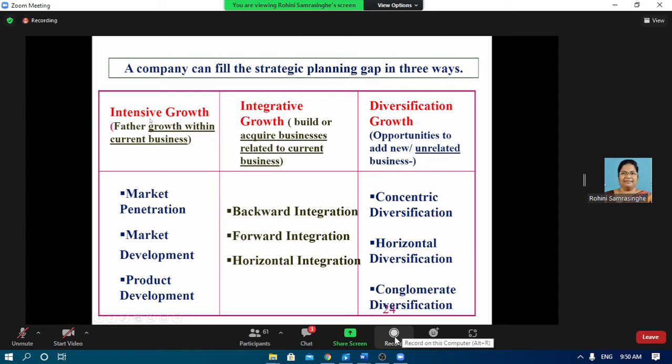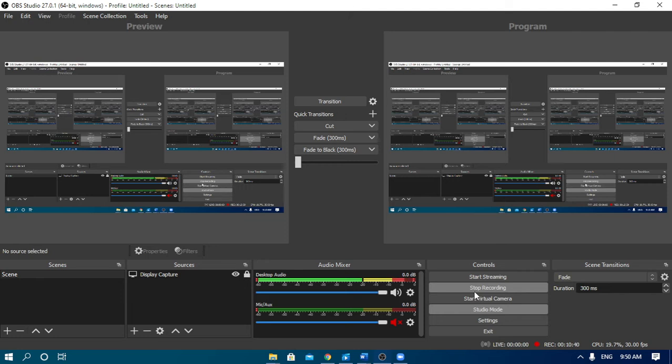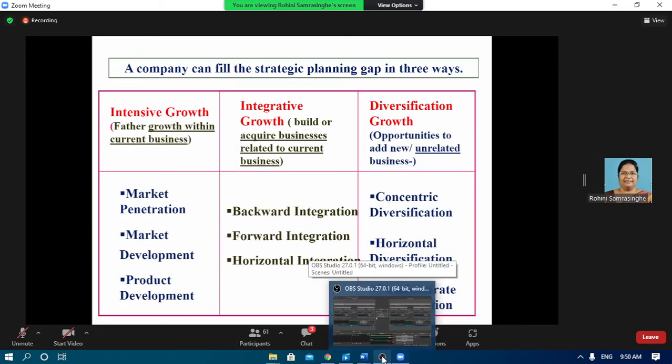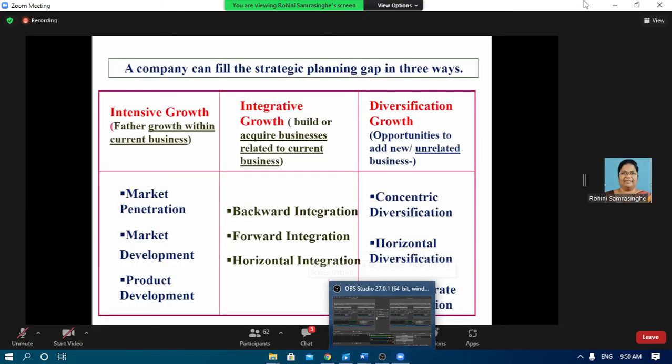Intensive growth means further growth within the current business. That means you have your own product, the existing product. So we are concerned about the existing product and the existing markets, sometimes maybe with a few changes, right? So further growth within current businesses.